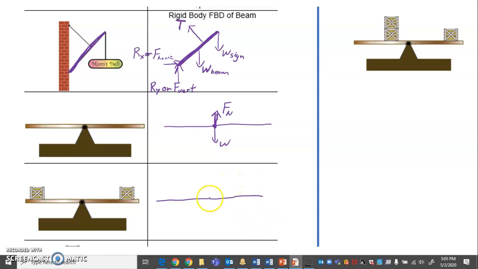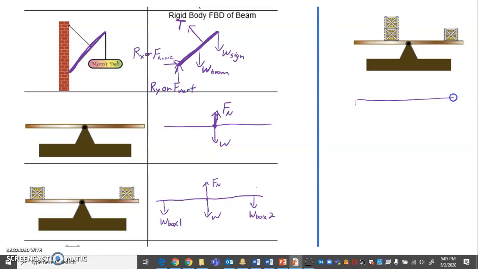Trying to draw this as a horizontal line, but it has a normal force and weight straight down, and it has a force right here. This is the weight of box 2, and here we have the weight of box 1. And I just called them 1 and 2 just so that you would know. And then up here we've got another one.